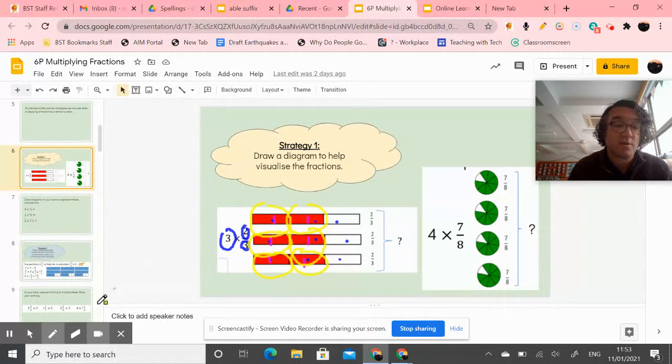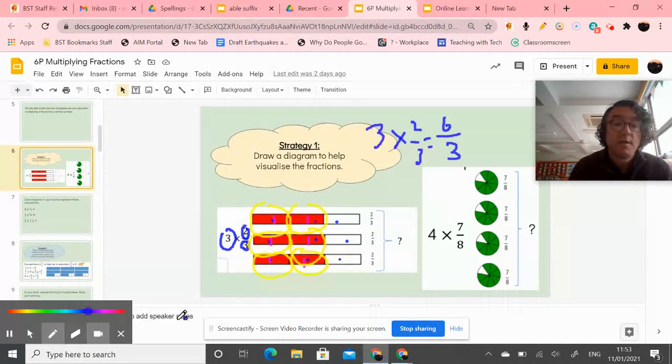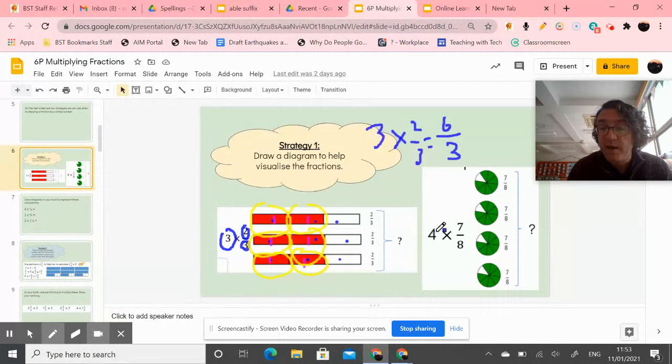I've got 6, and each of these is a third. So I've got 6 thirds. There is our answer. So 3 times 2/3 is 6/3.